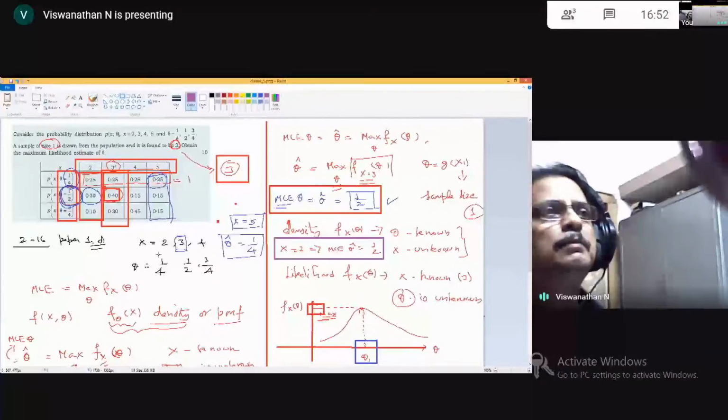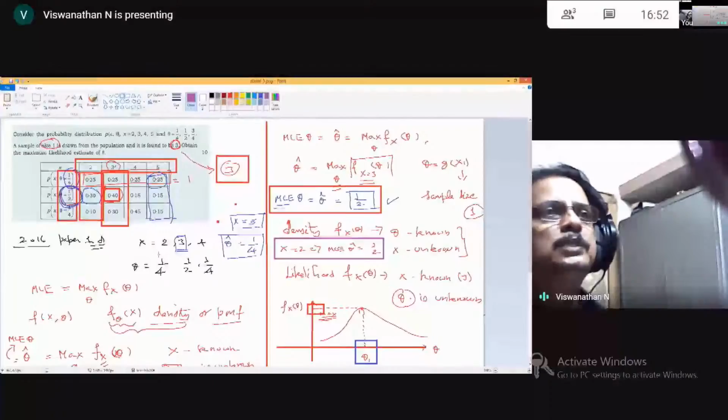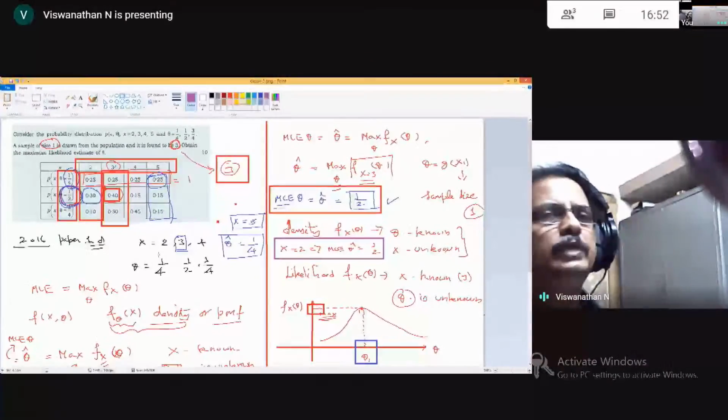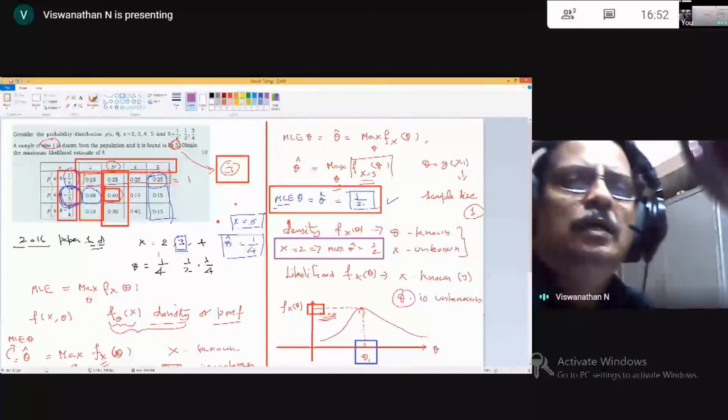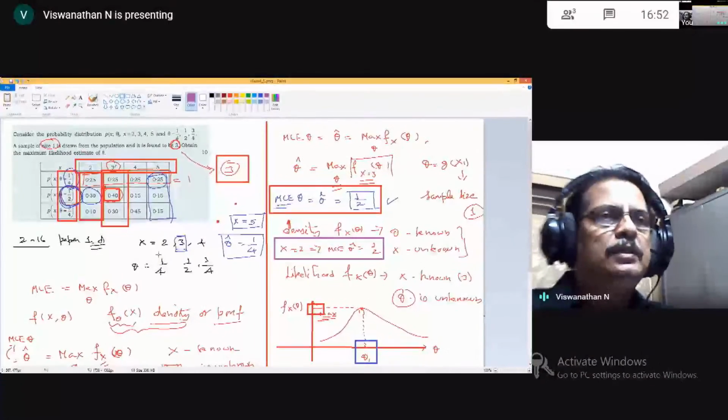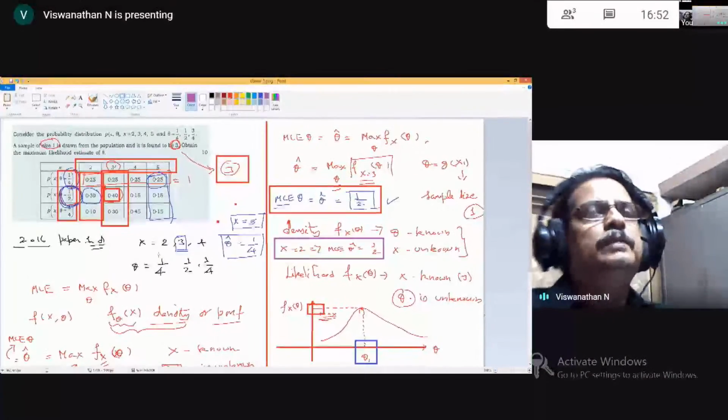So now there is a dilemma, because there are two critical regions having the same size, but in the problem it was asked that we find the best critical region. If the sizes are tied, then we have to go for the power of the test, and we found that in the second region the power is maximum, that is 4, 5. So we decided the critical region to be 4, 5.